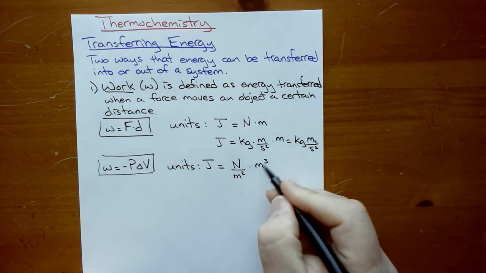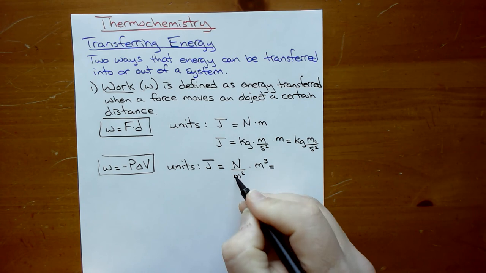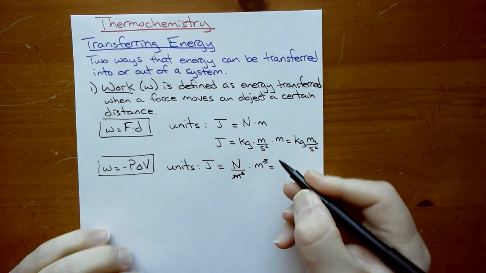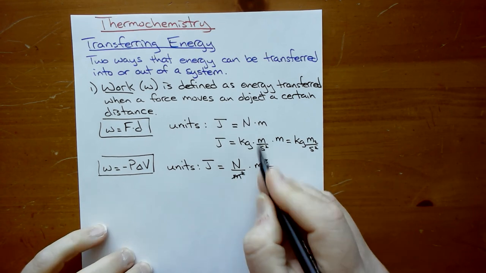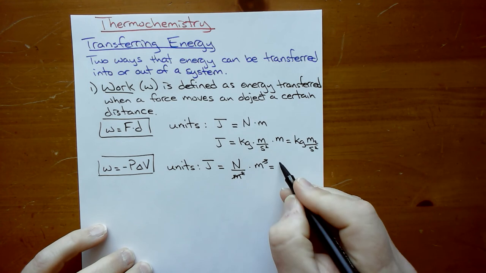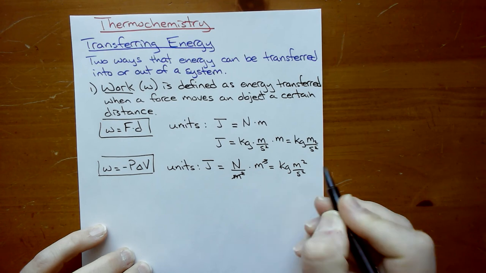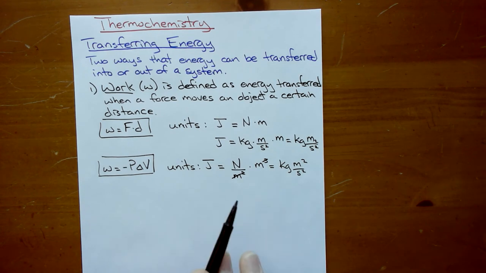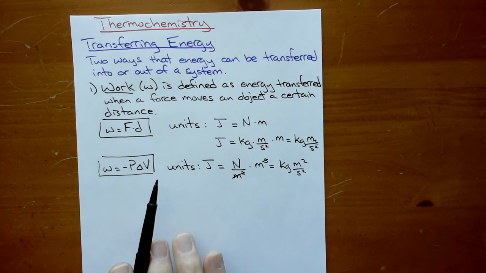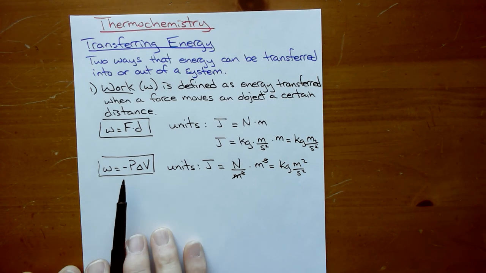So when we do this, that will cancel, and so it's a Newton times a meter. Remember Newton meter, so that all comes out to be a kilogram meter squared over second squared. So it comes out with the same units. It's just that we use pressure and change in volume for work when we're talking about chemistry.